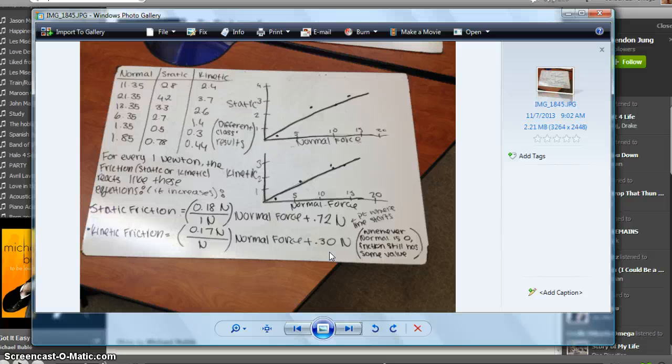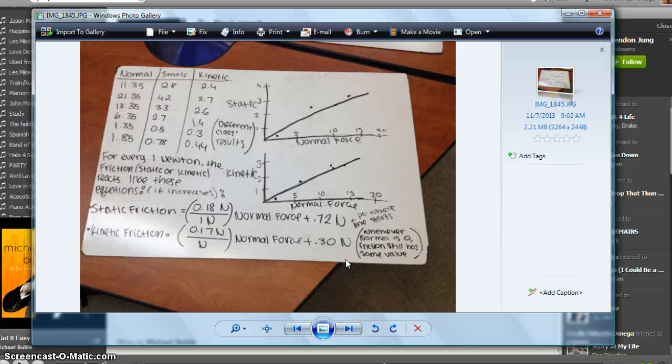For every newton of normal force, there is 0.17 newtons of kinetic friction. Here, 0.30 newtons is when the normal force is 0. Usually, if the normal force is 0, there is no interaction, so there's no friction.